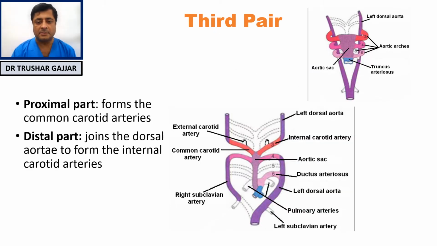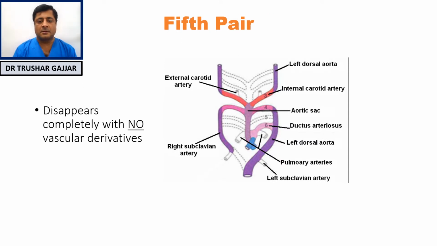The third pair on either side, the proximal portion will form the common carotid artery and the distal portion will form the internal carotid artery. The fifth pair doesn't form any artery, doesn't contribute anything in vascular derivative. So the fifth pair disappears.